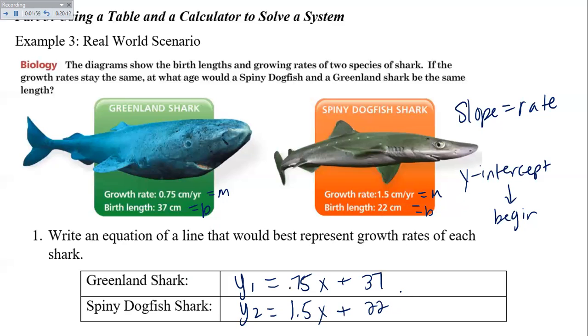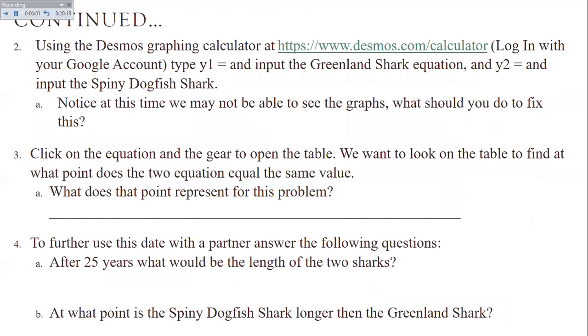Questions about how we created the equation? Easy enough? All right. So we're going to go to Desmos, and we're going to find out via technology where these two graphs will end up intersecting.